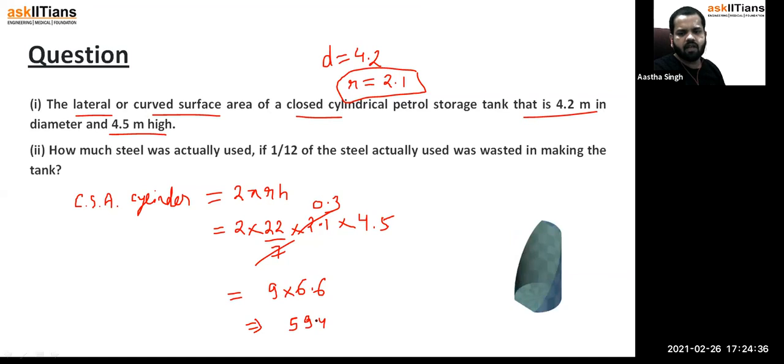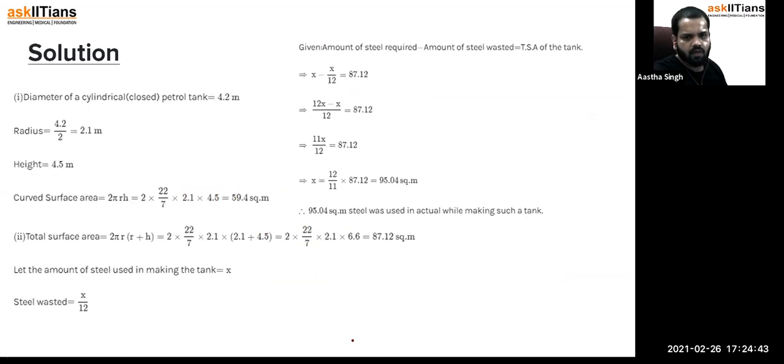So yeah, 59.4 meter square will be your answer, your curved surface area. So the solution is the same. 59.4 square meter is your answer. I think you all have got the point.